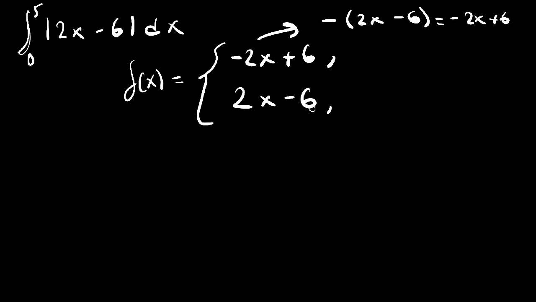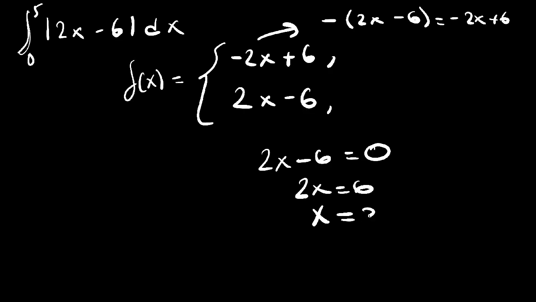So the first side would be this, and then this is the second side, which is the more negative one. Let's say that we have 2x minus 6. In order to find the bound, we set 2x minus 6 equal to 0, so 2x equals 6, and x equals 3. I said equal to over here, but it's actually greater than or equal to.